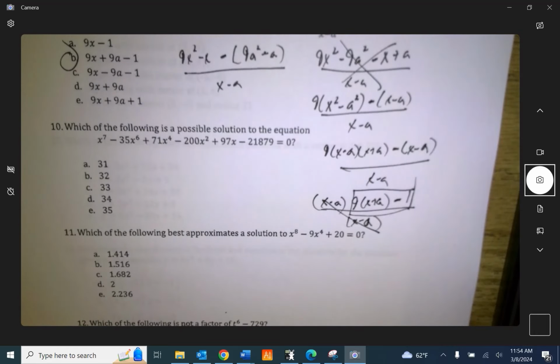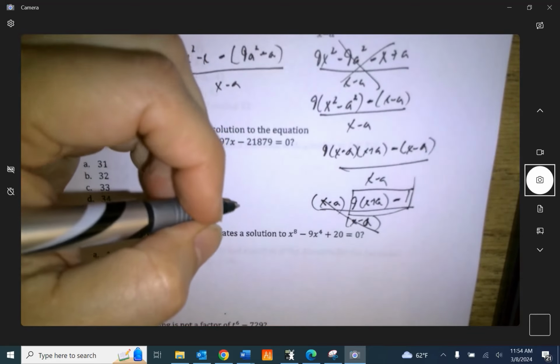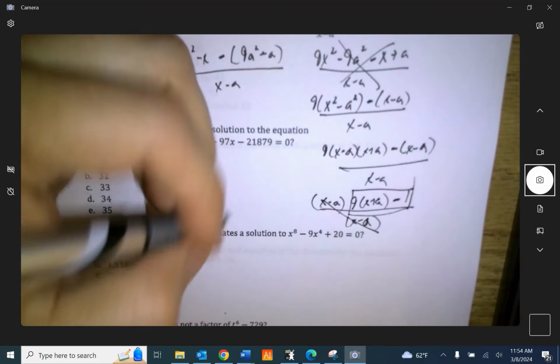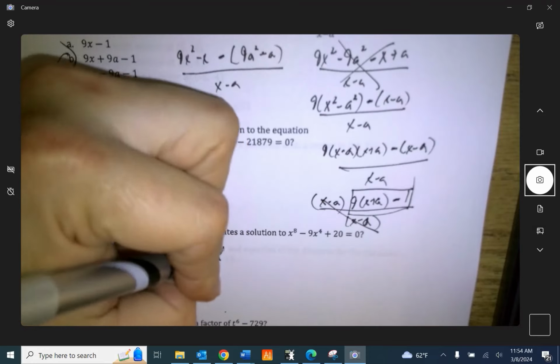10 is y1. 10 is literally plug-in numbers. 11, which of the following best approximates a solution? I still think you should probably y1, y2 that. I don't think it would be too rough. Or you could factor.